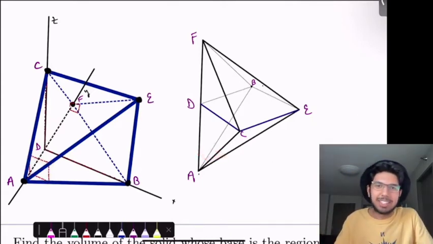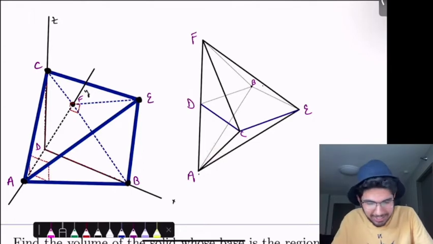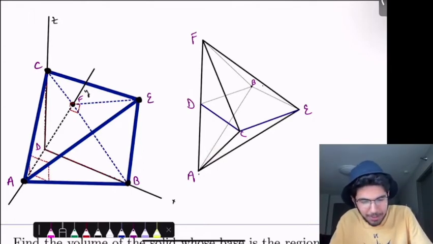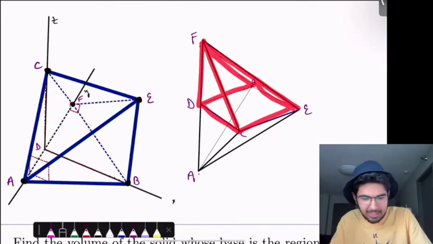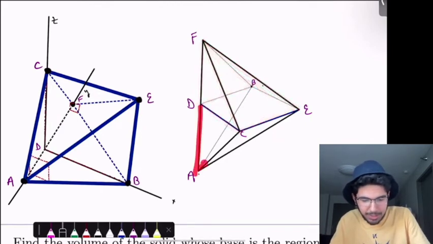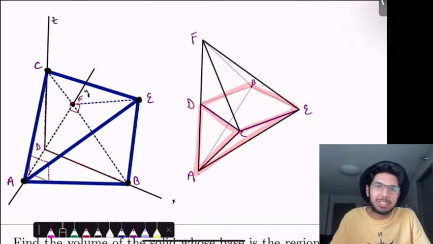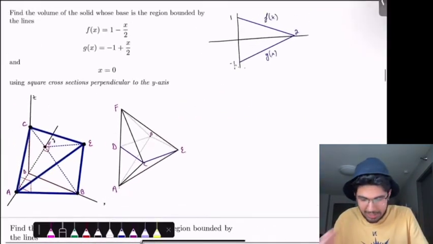That's what the shape looks like. And as I was saying, it's sort of like two pyramids stacked on top of each other. This is the base of the first pyramid, and it looks something like that. And then the bottom pyramid is here with the same base. So that's what the figure looks like. Now we have to find the volume.